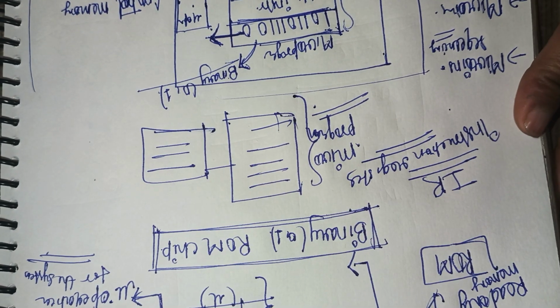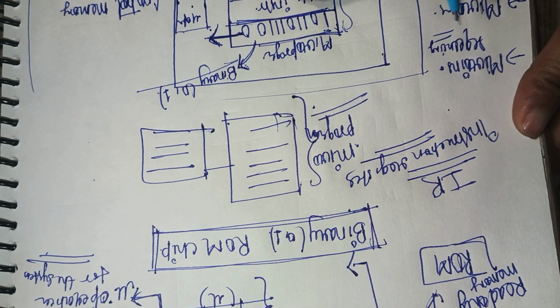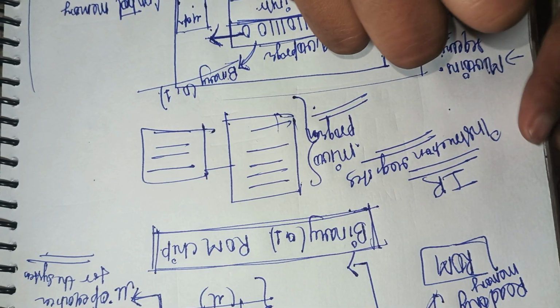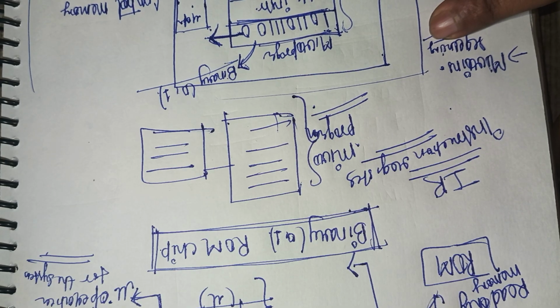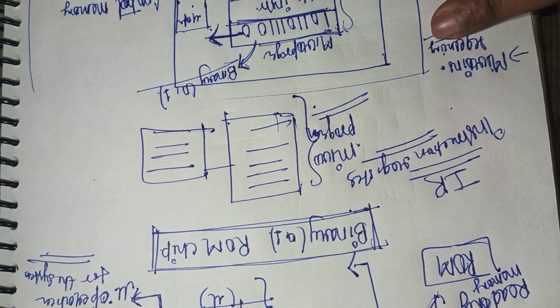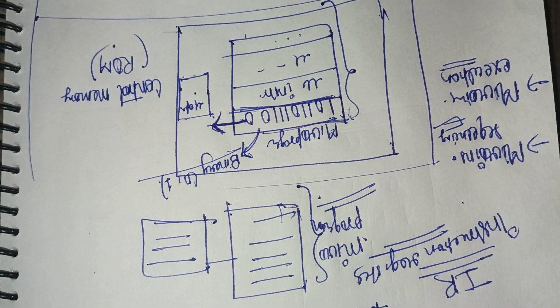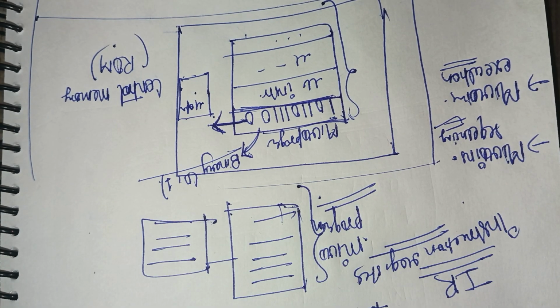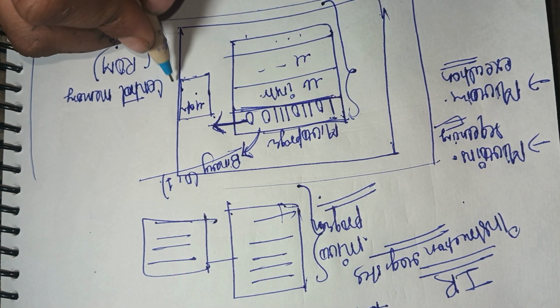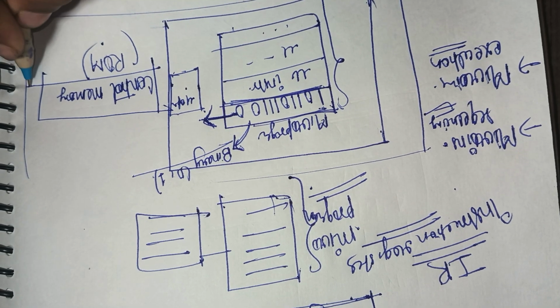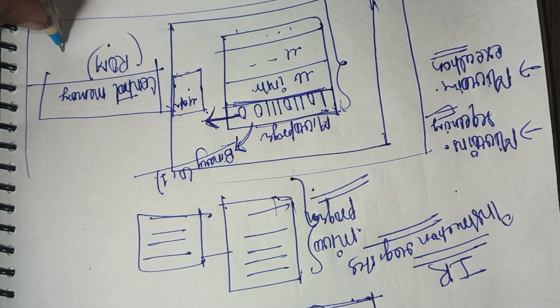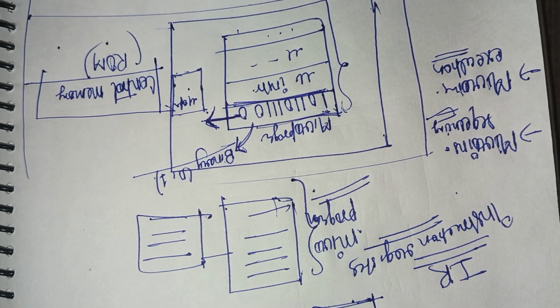The other work of the micro sequencer is to generate the address of the micro instruction according to the instruction stored in the IR. All possible control words are stored in the control memory, and based on the requirement the specific control word is fetched from the memory.